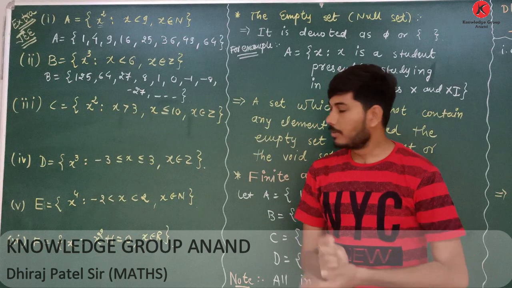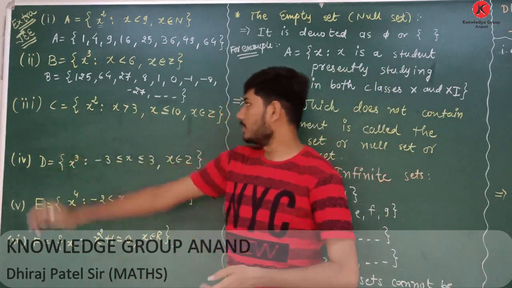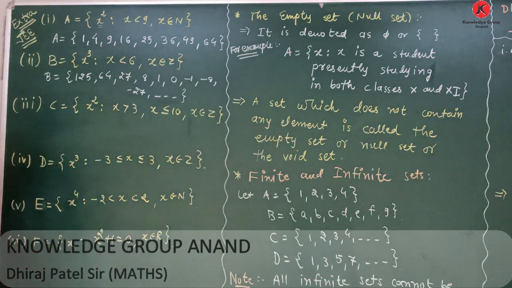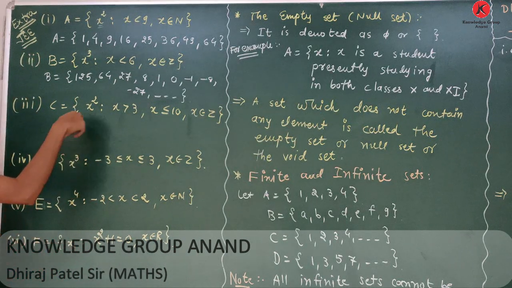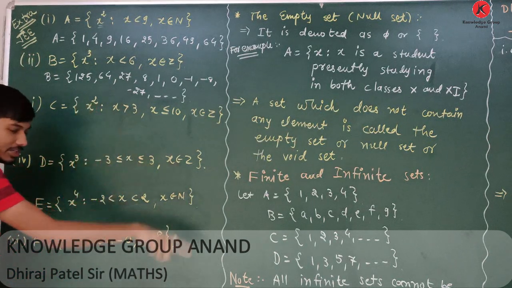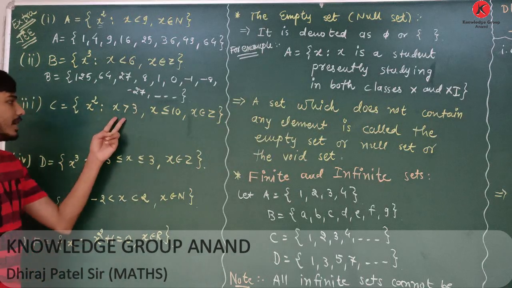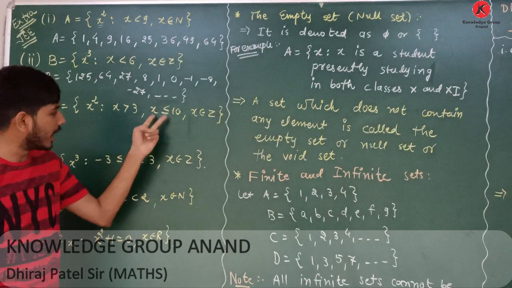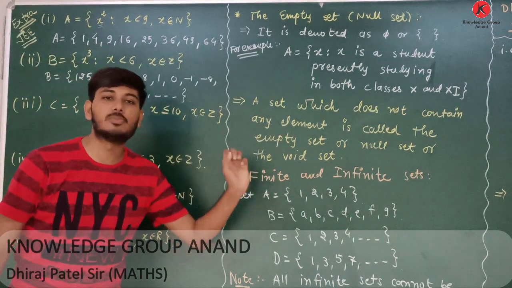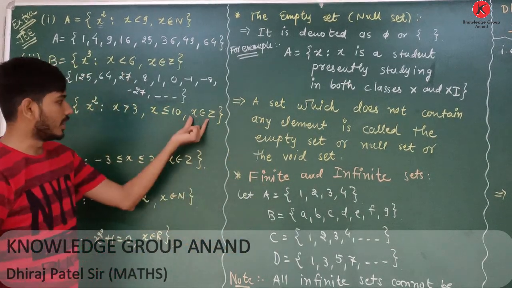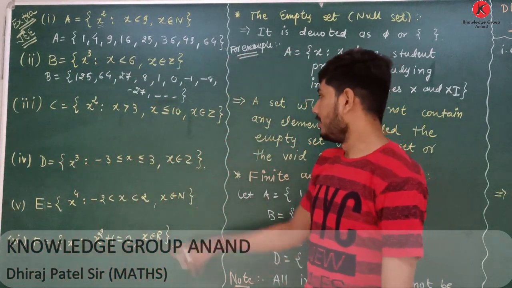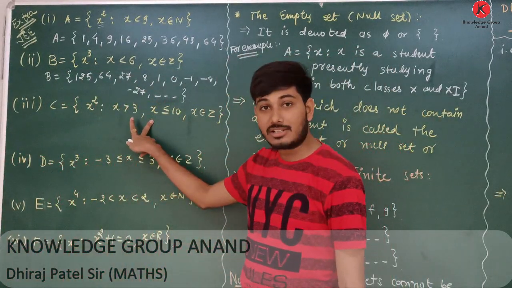Clear? Okay, now we are going for the third question. The third question is set C equals x square such that x greater than 3, x less than or equal to 10, and the condition is x belongs to Z. So first of all, x belongs to Z, that means x is an integer, and there are also two conditions.